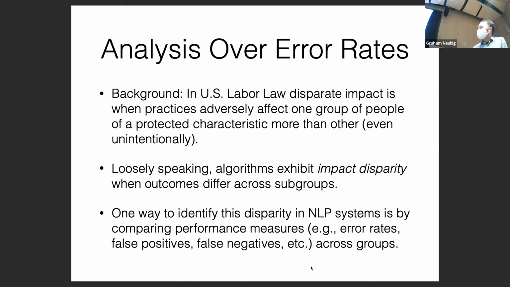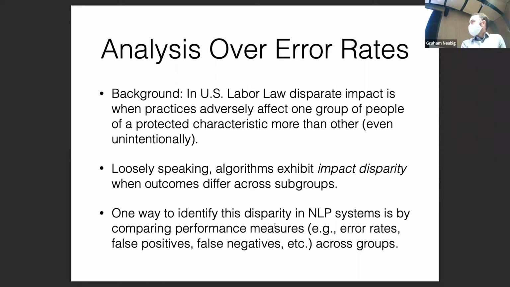And so algorithms exhibit impact disparity when outcomes differ across different subgroups. So for example, if somebody speaks a different variety of English, or somebody has a different name, or something like this, you would not be allowed to have an NLP system that impacts them disparately.